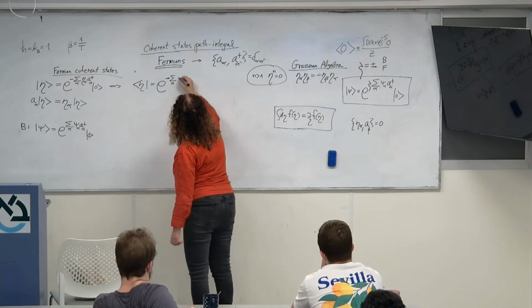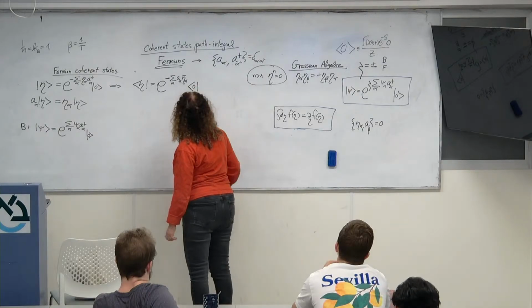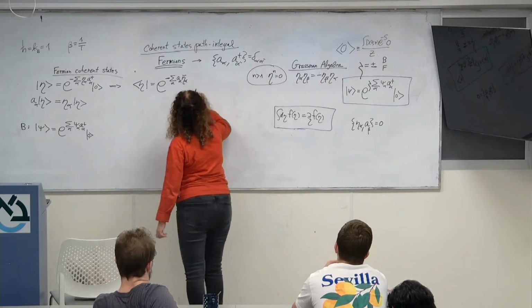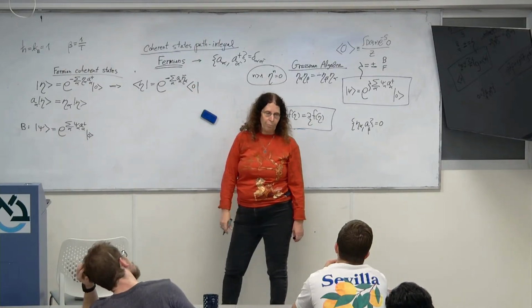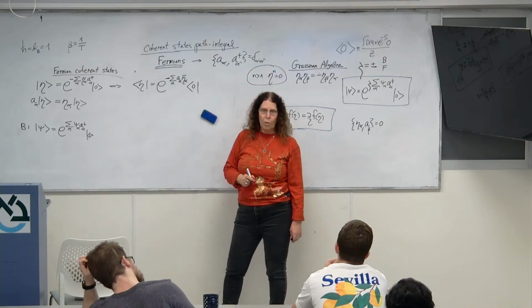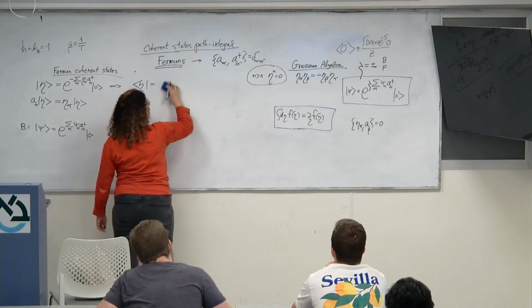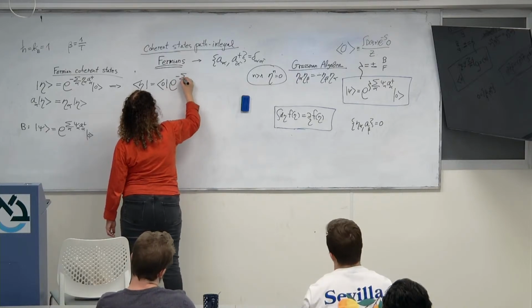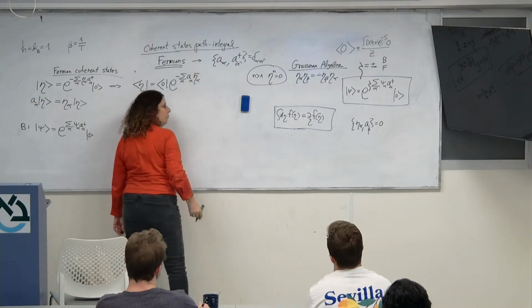So I have something like this, and it's acting on the vacuum, or if you like I can move this here. It doesn't matter. This is just Hermitian conjugate. Actually, no, it's not right. That's not the way to write it. Okay? I have a question.